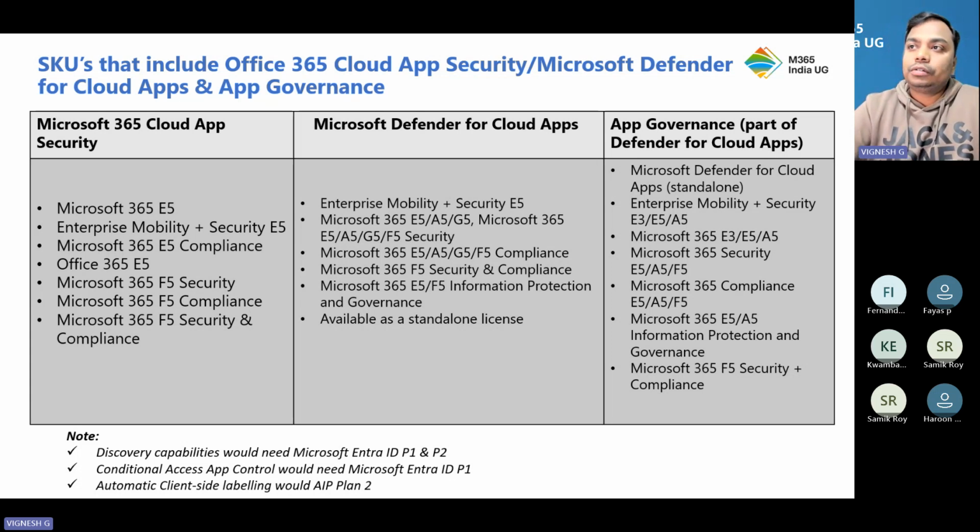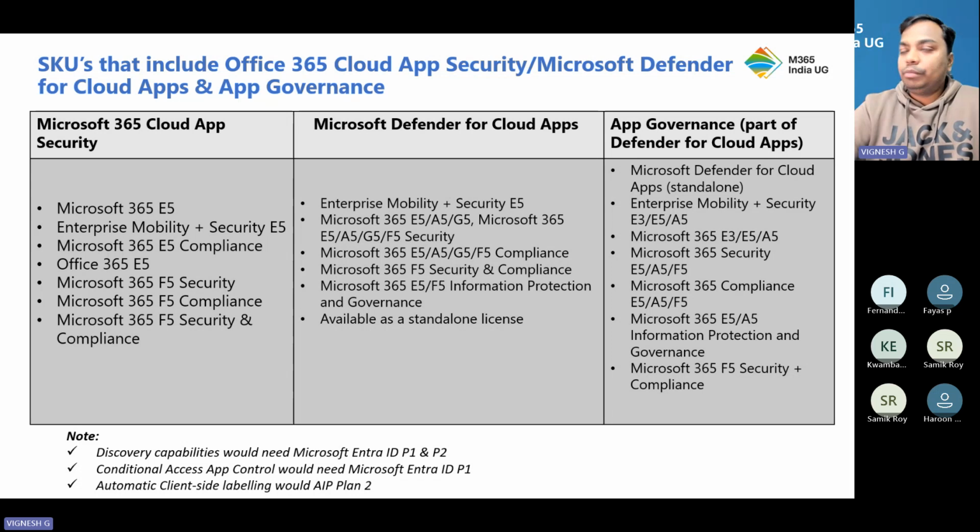All right, so in terms of licensing, when it comes to Microsoft 365 Cloud App Security, these are the different SKUs which give you that capability. And for Microsoft Defender for Cloud Apps, these are the SKUs. I'm not going to read through each and every single SKU. Later, when the slides are made available, or when you're going through the recording, you can see it for yourself.